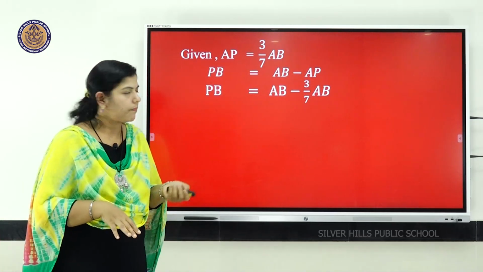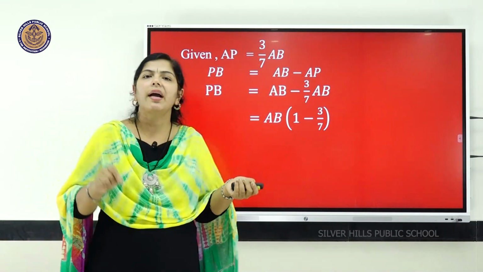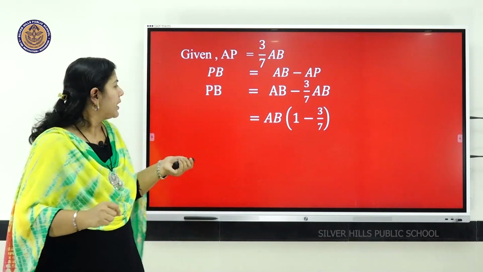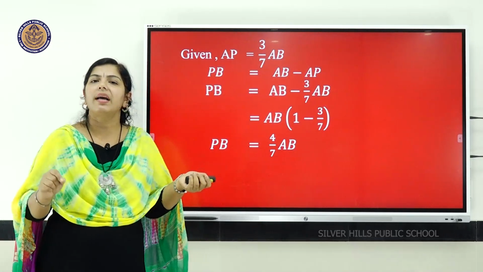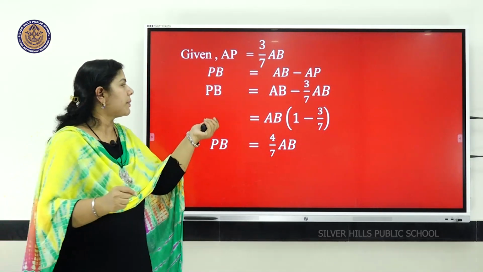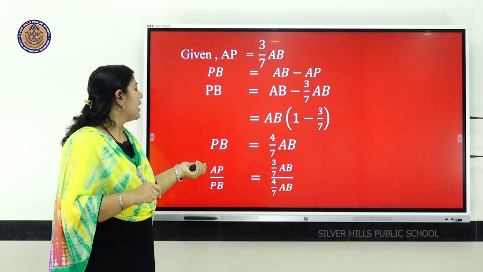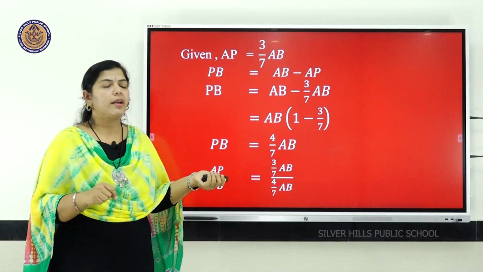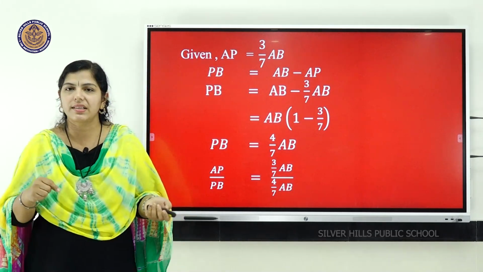Please substitute that. If we take AB common, it is AB into (1 minus 3/7). That is, PB equals 4/7 AB. If we subtract 1 minus 3/7, we will get 4/7. That is, AP by PB equals 3/7 AB by 4/7 AB.